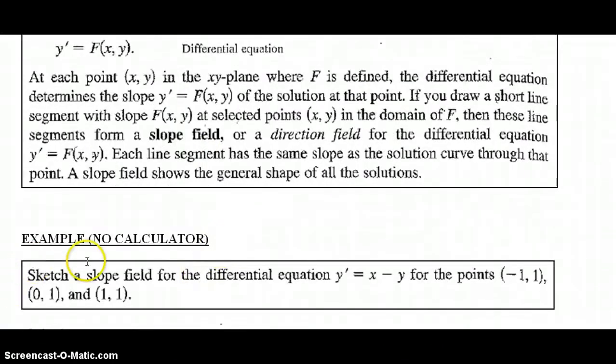So our first example says sketch a slope field for the differential equation y prime equals x minus y for the points negative 1, 1, 0, 1, and 1, 1.